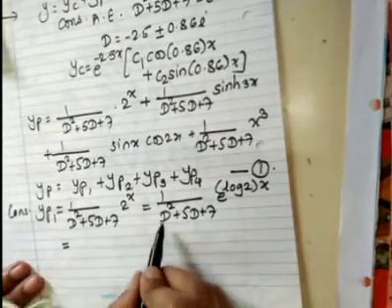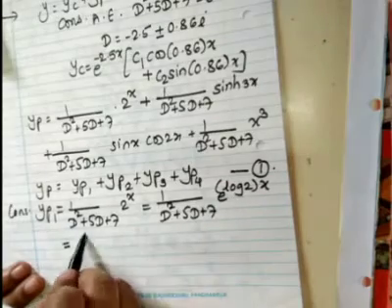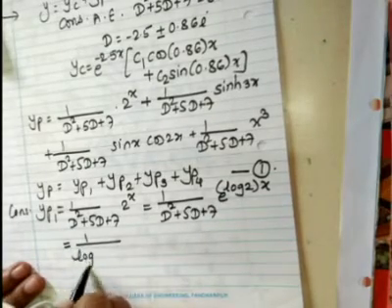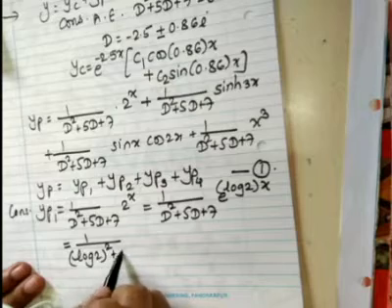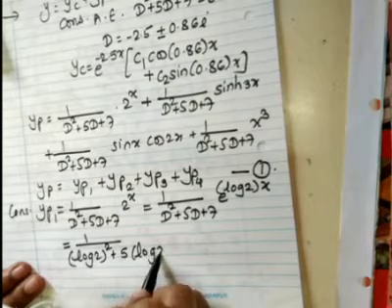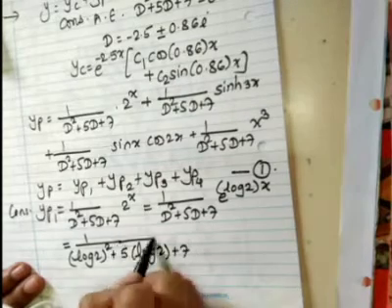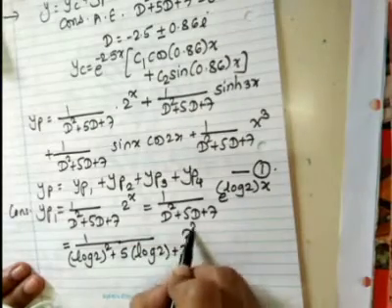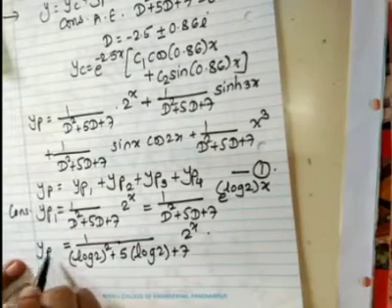So D will be replaced by log 2 in the denominator. That is 1 upon (log 2) square plus 5 into log 2 plus 7 into e raised to log 2 x, that is nothing but 2 raised to x. So this is yp1.